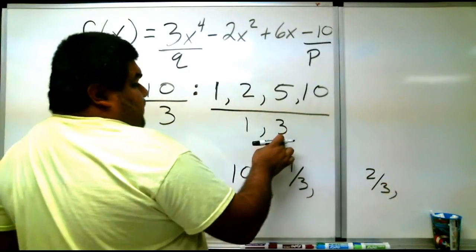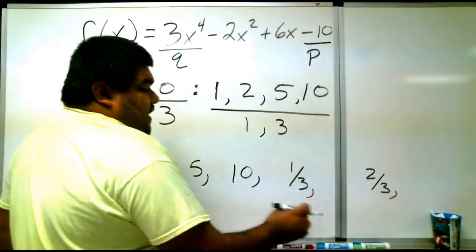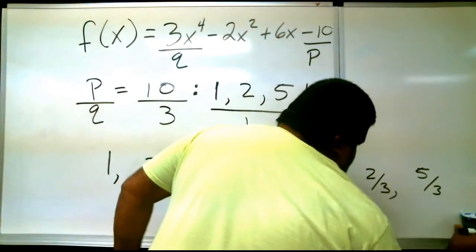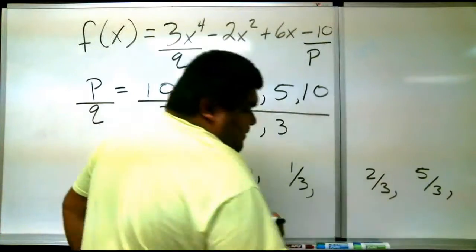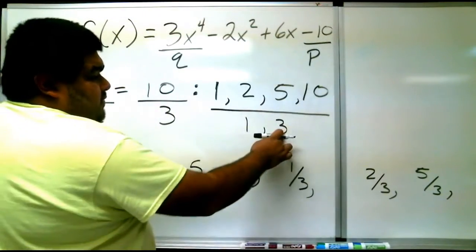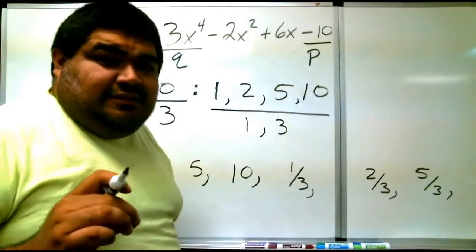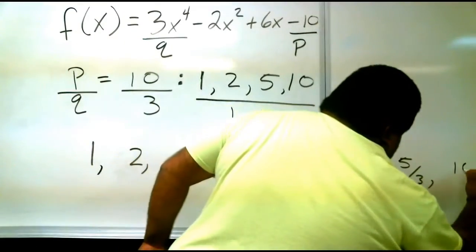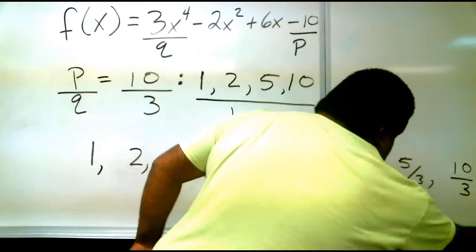Then 3 into 5, we're going to have 5/3. And then finally, 3 into 10, since it can't really go in, we're going to have 10 over 3.